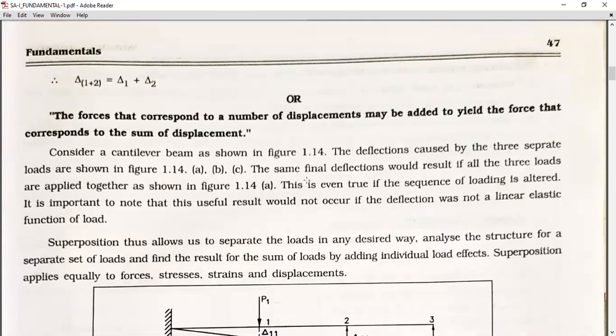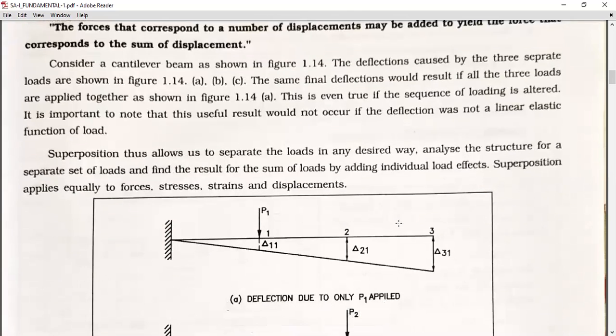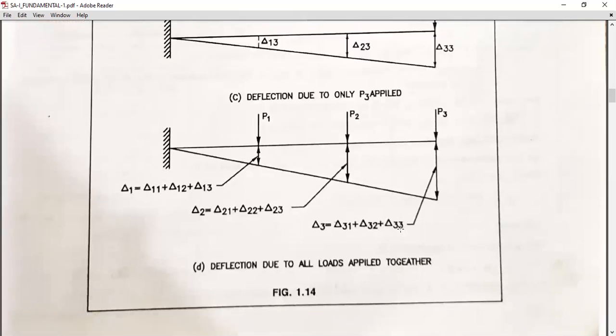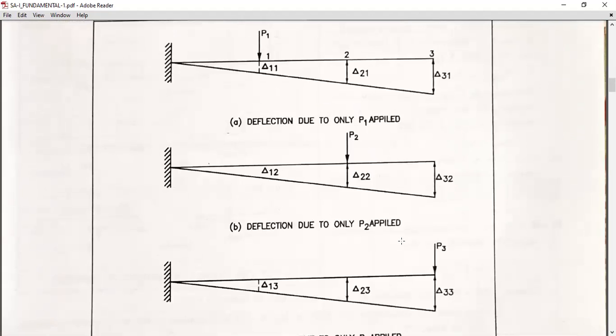The forces that correspond to a number of displacements may be added to yield the force that corresponds to the sum of displacements. We can prove it by the theorem. Here we have a deflection due to only P1 applied.